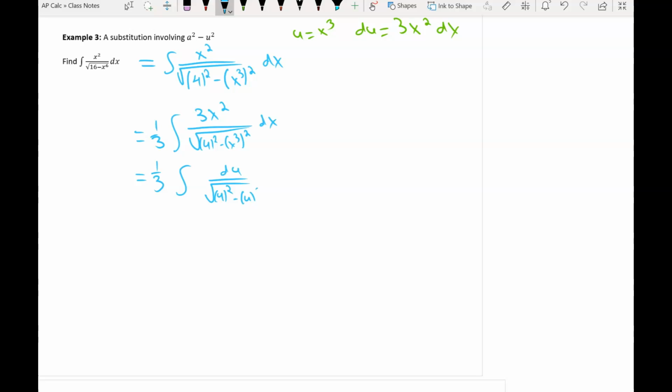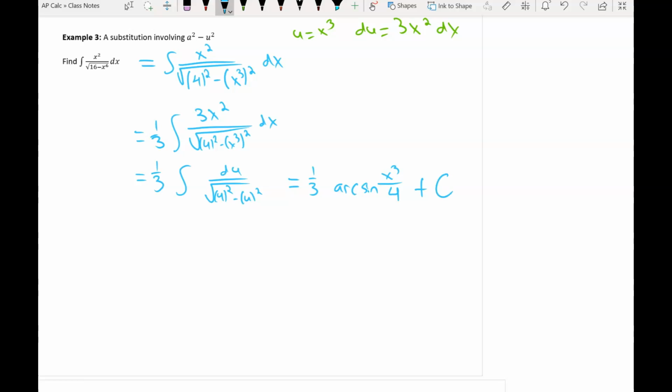And you can recognize that that is going to be an arc sine problem. So we still have this 1/3 out front, times arc sine of u over a. Our u value is x cubed, so x cubed over our a value of 4 plus c. And that's all that one takes.